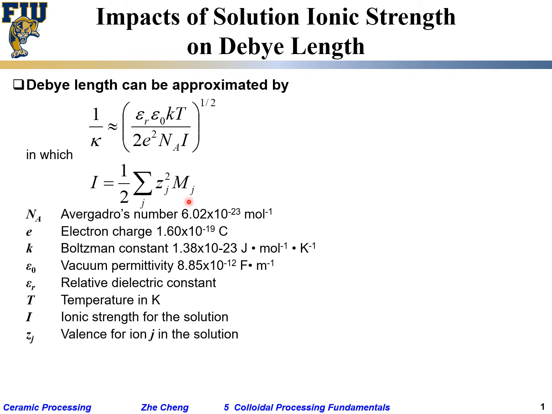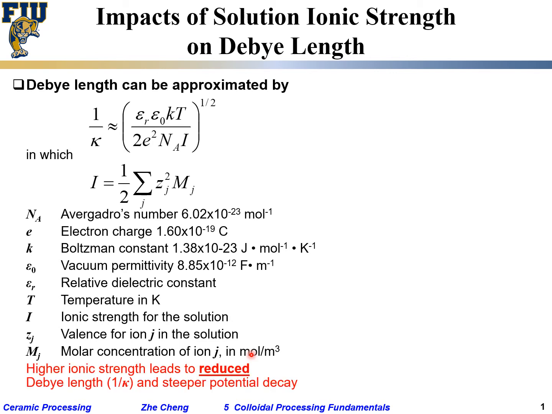Zj is the valence, the net charge for the j-th ion in the solution, and Mj is the molar concentration for the solution. Kind of like we have a suspension, but at the same time there will be ions dissolved in the suspension, like H proton, hydroxy group, or some other electrolytes that we added in there.